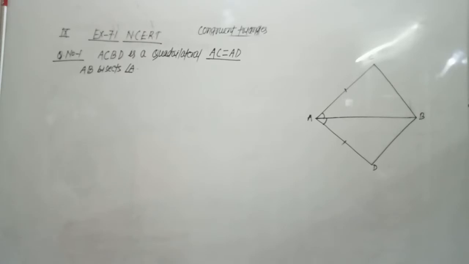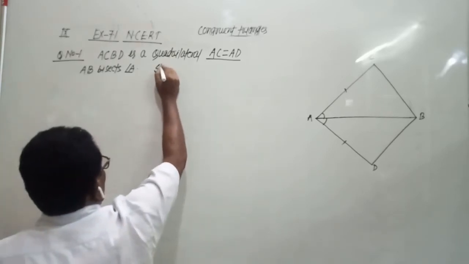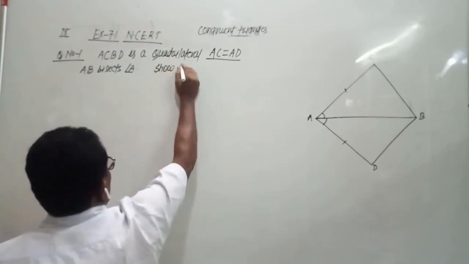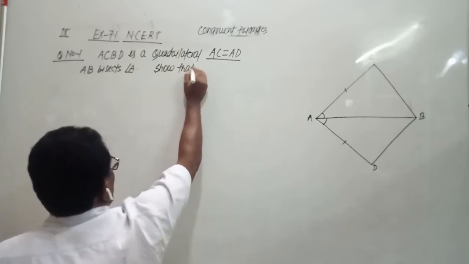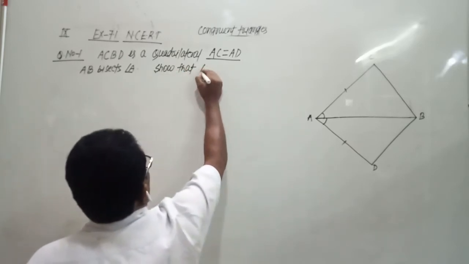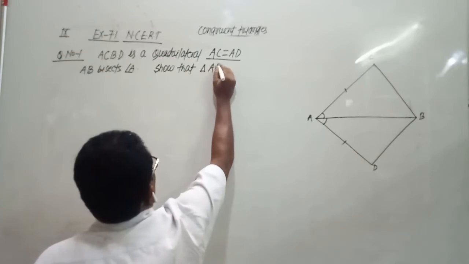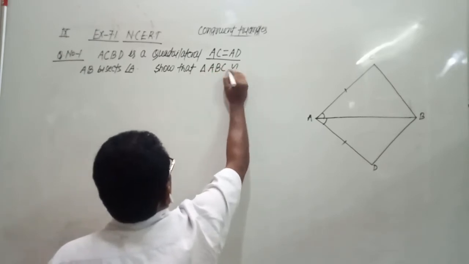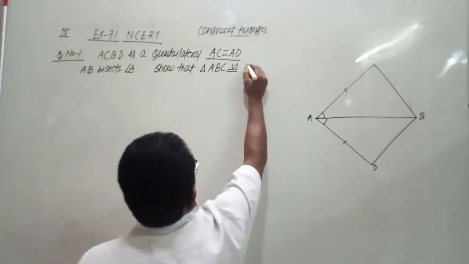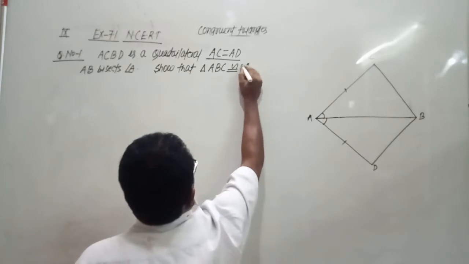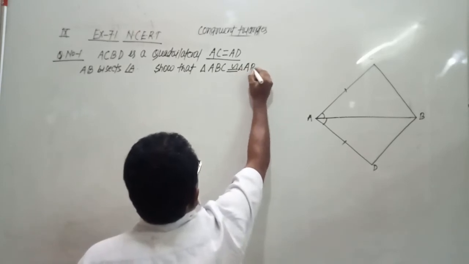Show that triangle ABC is congruent to triangle ABD.